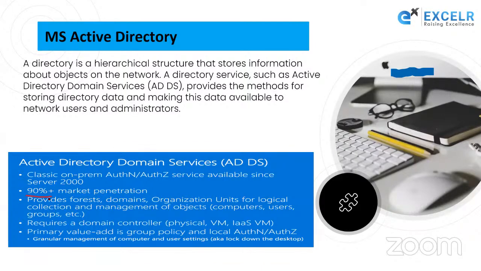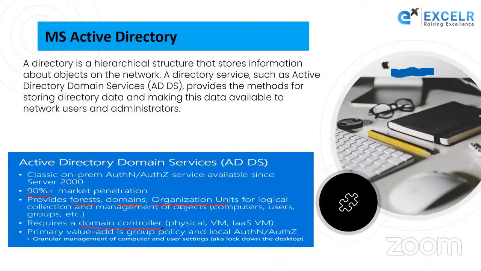Within the Active Directory, we will look at the concepts of what is forest, what is domain, what is OU, organizational unit, which is helpful for you to have a logical separation, a logical management of your objects within that particular Active Directory. For maintaining or managing your various physical resources, for example, your virtual machines and your actual physical machines, we need something called a domain controller, or DC.